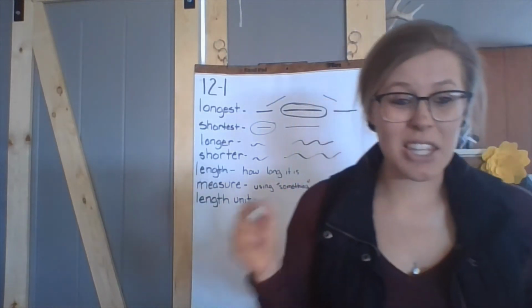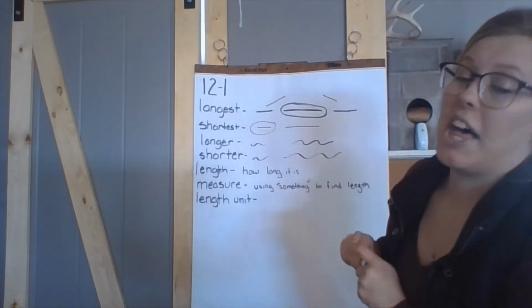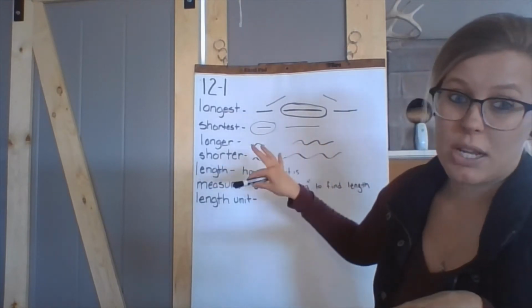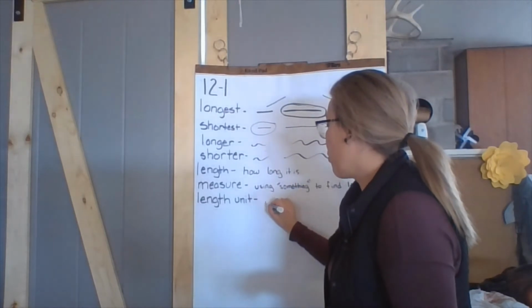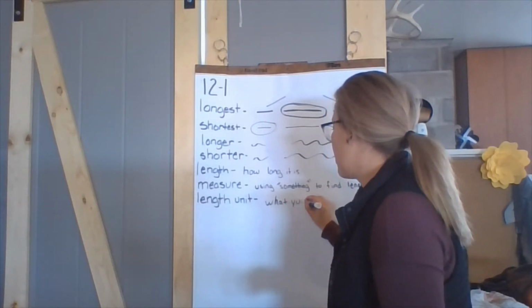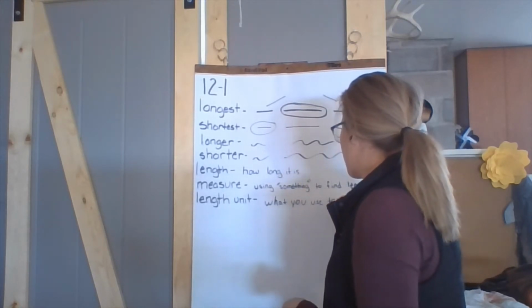And then your length unit is the thing that you're using to measure. So like how I said, I'm measuring my paper here. I'm using my marker to measure it. So that'll be my length unit. So what you use to measure.